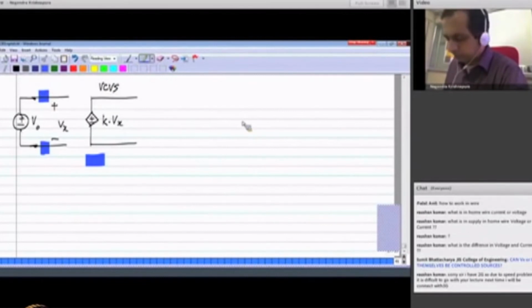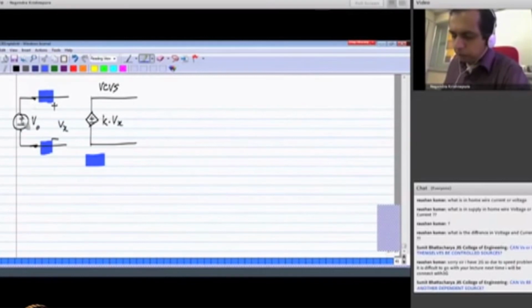Okay. Now that can be any value. It can be given by a voltage source. It can be a result of some other complicated circuit. All you have to do is define these two nodes across which Vx is measured, and that can very well be across an independent voltage source. Okay.